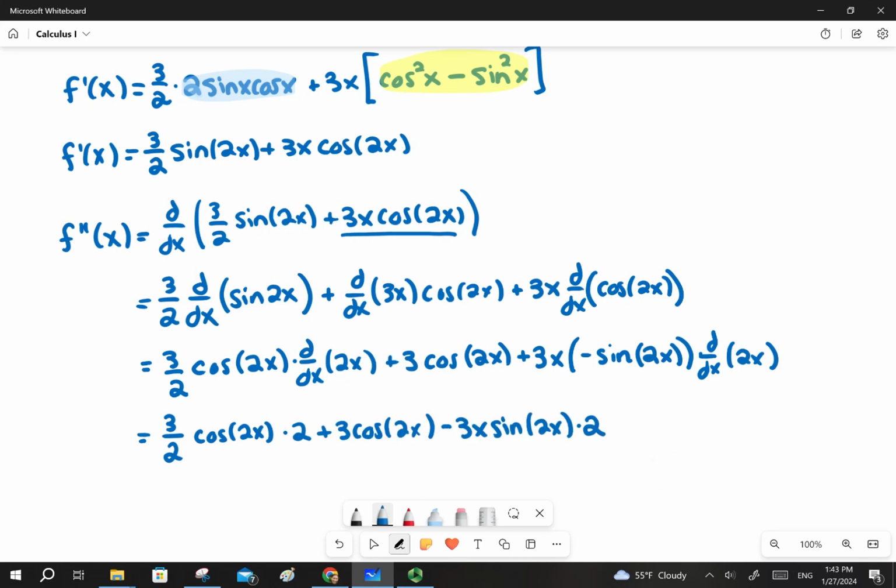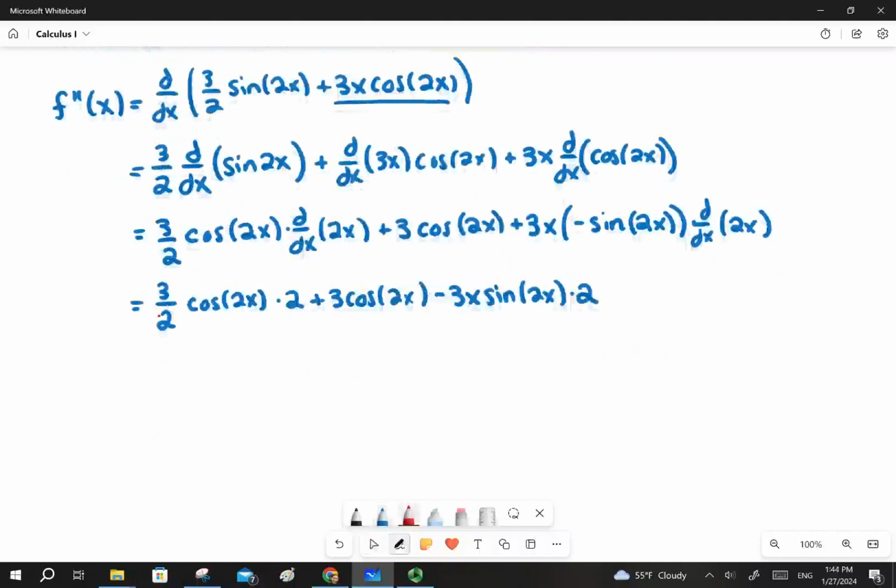And now it is purely cleanup. I have 3/2 times cosine 2x times 2, the 2 at the end that came from the derivative of 2x, and the 2 from the denominator 3/2 cancel, and I get 3 cosine of 2x plus 3 cosine of 2x.